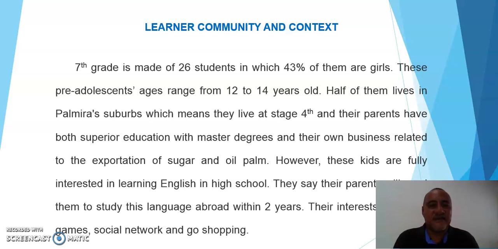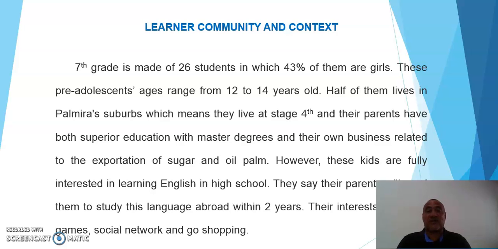It is also important, to make the assessment system, to know the learners' community and their context. So as we discussed in the previous stage, the community that we selected is a group of 26 students, almost half of them are girls, and their age ranges between 12 and 14 years old, and half of them live in the Palmyra suburbs.